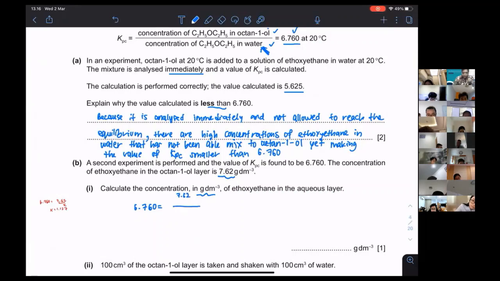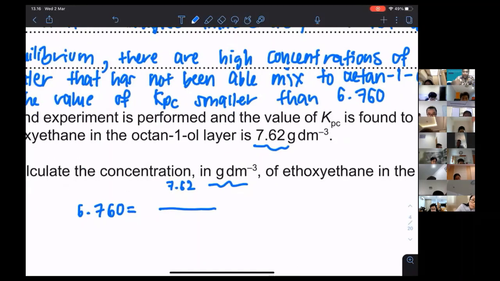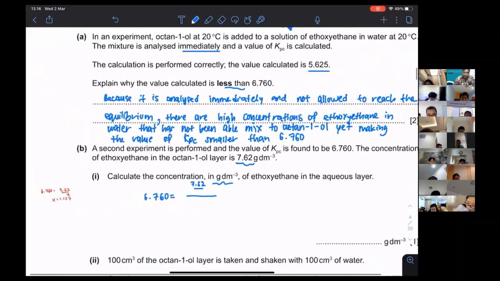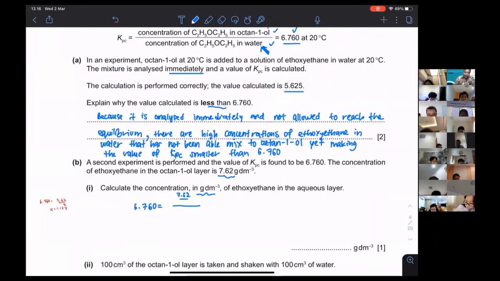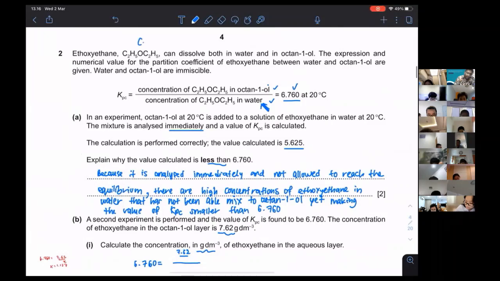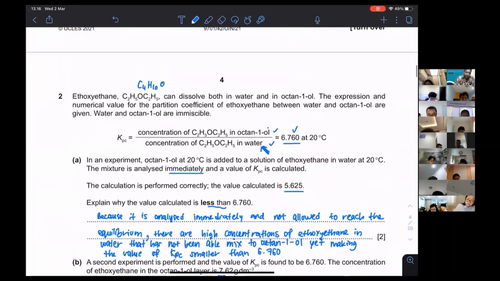Now let's say I want to change it into mole per dm cube. I just need to divide by the Mr. The Mr for ethoxyethane, C4H10O, is 48 plus 10 plus 16, so that's going to be 74.